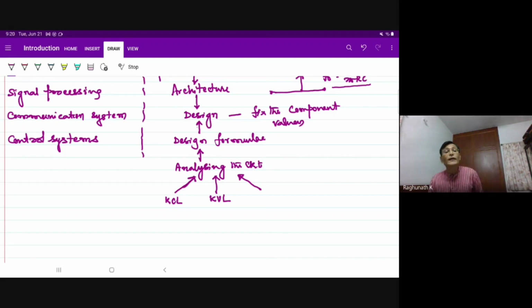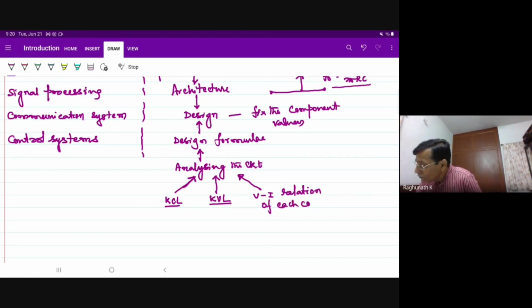We need to basically use KCL, KVL, and VI relations of different components to analyze this particular circuit. The relation of each component: Resistor VI relation is what?